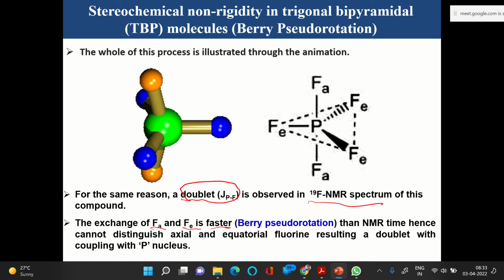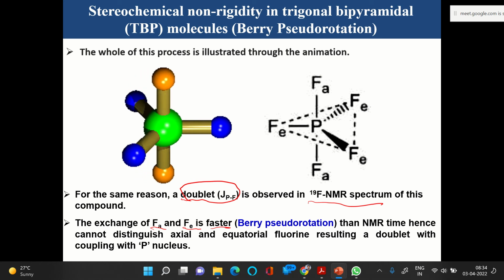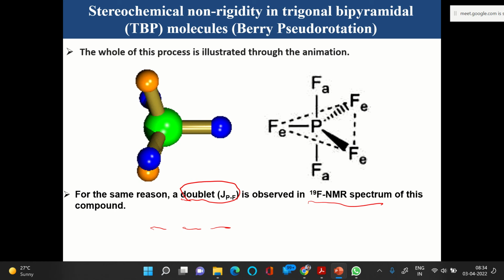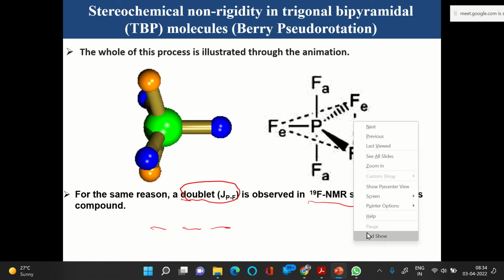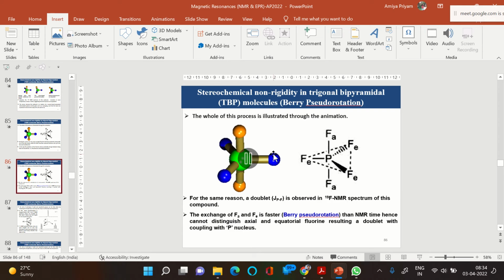PF5, this is a similar thing that we have discussed earlier. Yeah, we discussed this point.